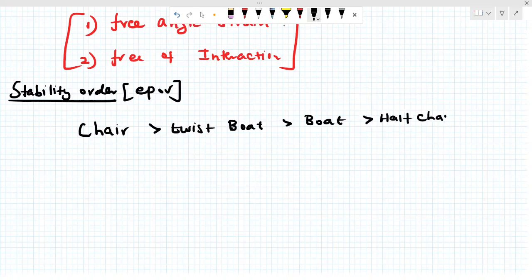So this is the stability order of cyclohexane. The chair form is the most stable, and the half chair is the least stable.